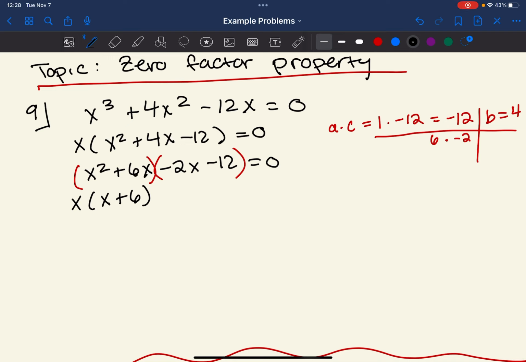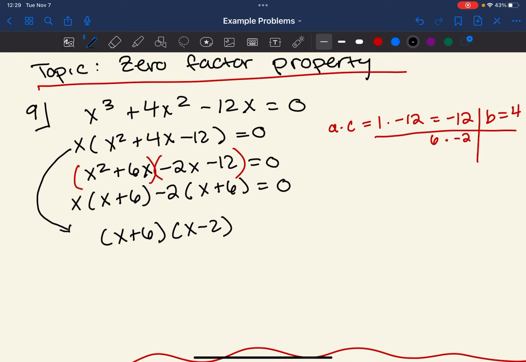And since I want my parentheses to match, in the second parenthesis, I'm going to take out a negative 2, so I'm left with x plus 6. So that means I have the factors x plus 6 and x minus 2. And then I can't forget about that GCF I took out in the beginning, so I'm going to attach that x to the outside of my problem.